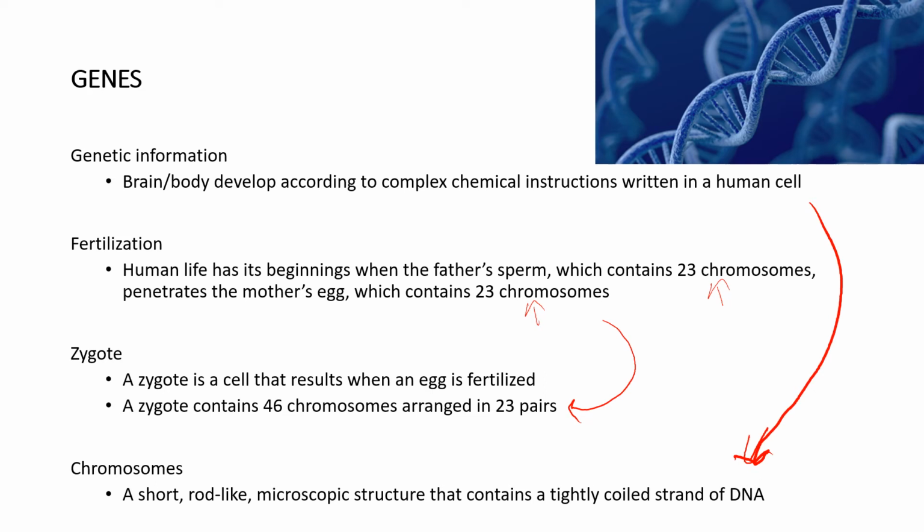And again, DNA is on chromosomes. We'll talk just a minute on the next slide about genes, but genes are basically pieces of the chromosomes or pieces of the DNA. You have 23 pairs of chromosomes, you get 23 from each parent, and that composes our DNA.